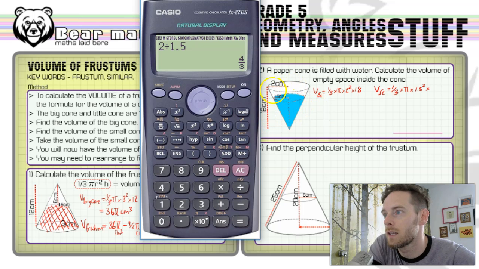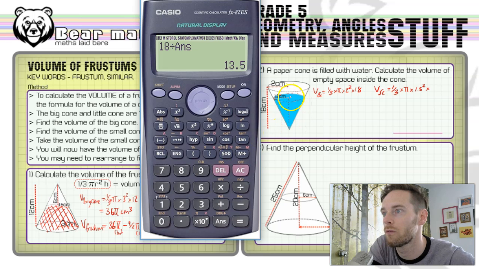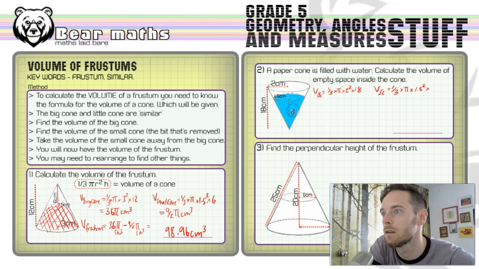So if I take the 18 and divide it by the answer, I'm going to get the height of the small cone, which is 13.5 centimeters. I haven't written any of that down, so I will write it down here. I probably should have done that before anything else, but it doesn't matter when you do it.